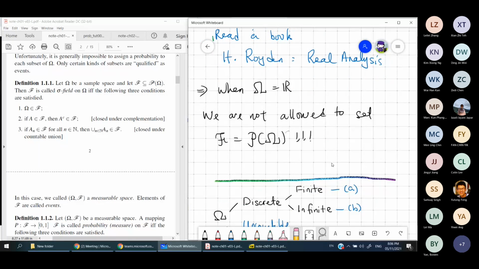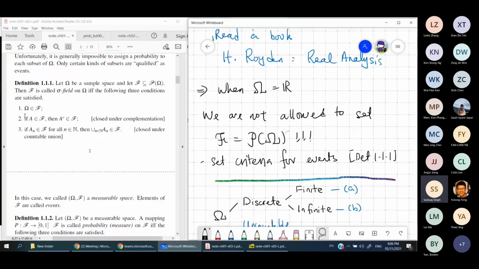That means when omega is R, we are not allowed to set the sigma field to be P(omega). That means we cannot take any subset to be an event. Because of this, we have to set criteria for events. This is why we have Definition 1.1.1.